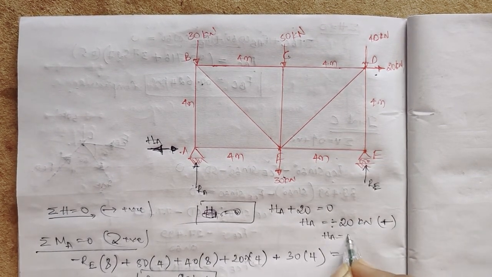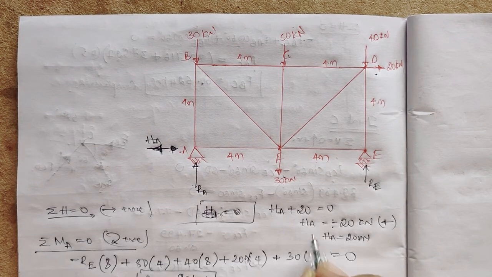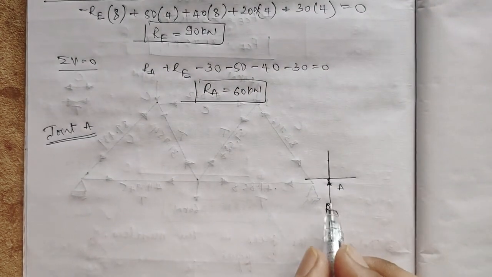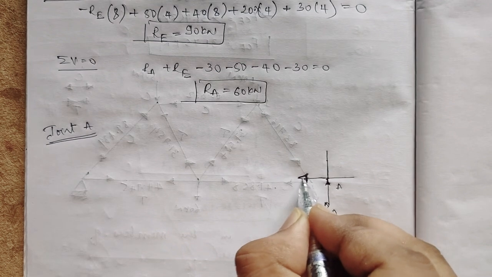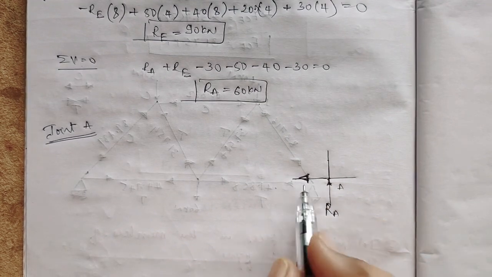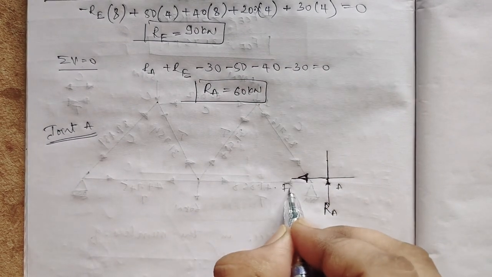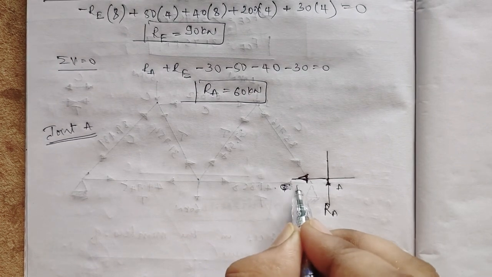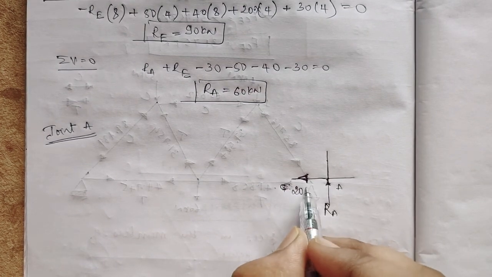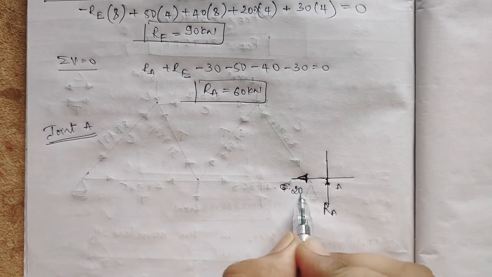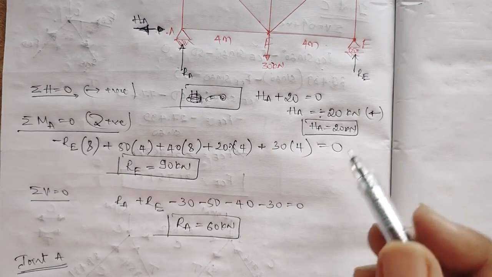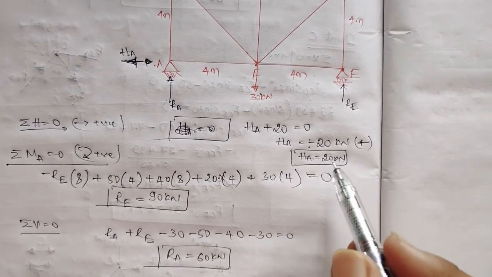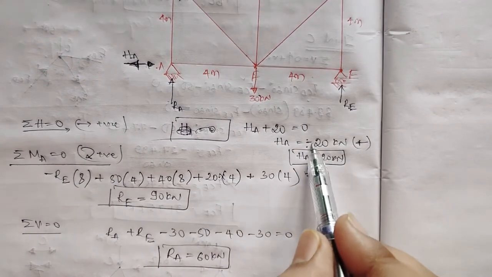So force HA is 20 kilonewton. Whenever I consider HA in this joint A, if the direction is like this, it is 20, and if the direction is like this, it is minus 20. It was a good example for you to understand. So what I got, HA is minus 20.